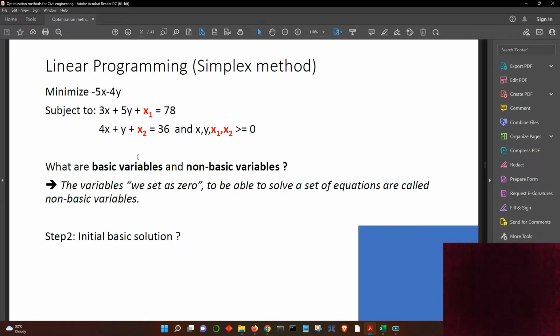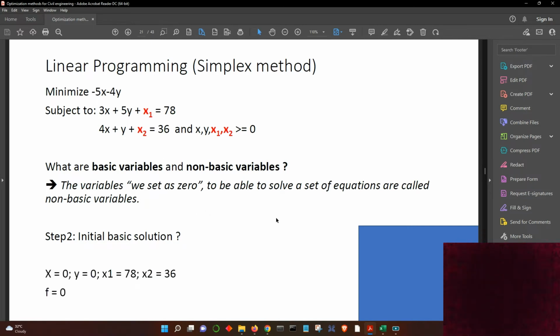When we specifically assign the value 0 to two of these four variables, we call them non-basic variables. The easy definition: the variables we set as 0 to be able to solve a set of equations are called non-basic variables, and the other variables that we end up solving are called basic variables.